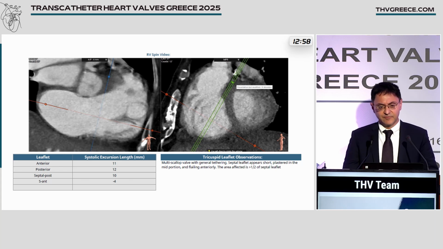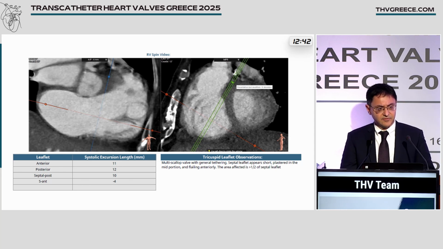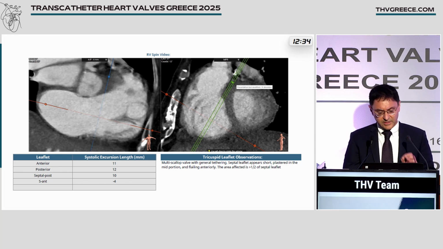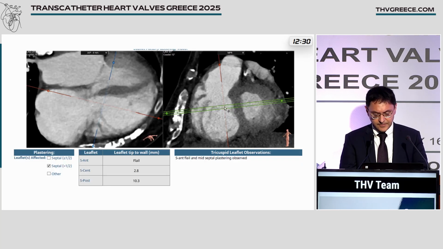We have to have RV length more than 45 millimeters, thickness of the interventricular septum of at least 6 millimeters, and an angle of the tricuspid valve annulus with the interventricular septum between 80 and 100 degrees. So there are specific criteria to choose such patients.